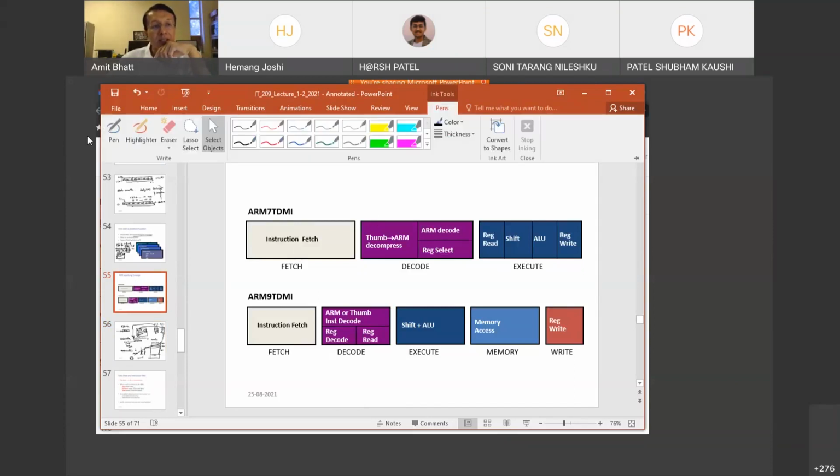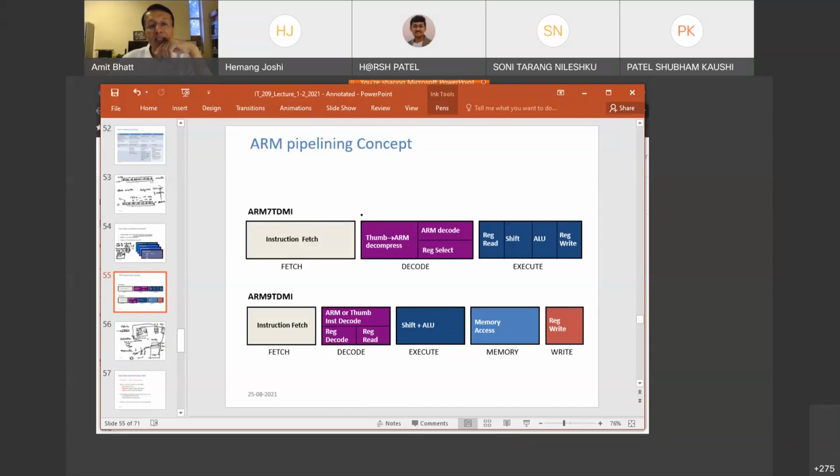The fetch stage would be fetching only instructions from instruction memory. Then you will ask, where would data be, or in which cycle would data be accessed? As you will see, there is register read, right? It is more clear in the 5-stage pipeline, which has a stage known as memory access.